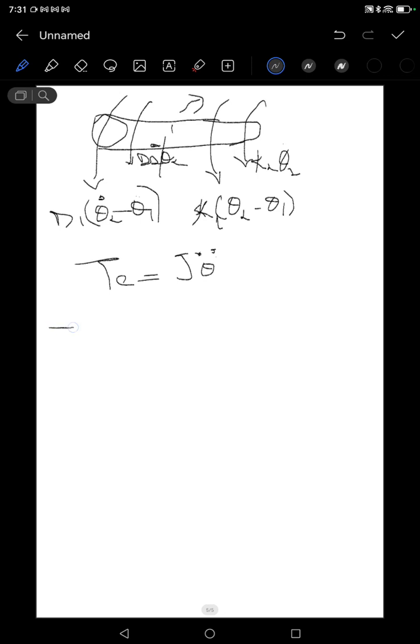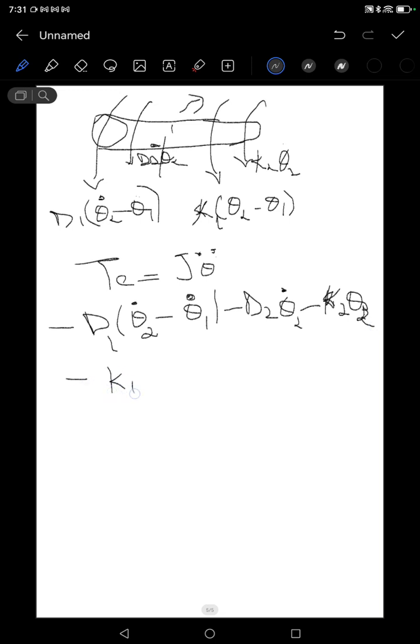So we're going to have negative D1 multiplied by theta 2 dot minus theta 1 dot, and then minus D2 theta 2 dot, and then minus K2 theta 2, minus K1 theta 2 minus theta 1, all equal to 0.